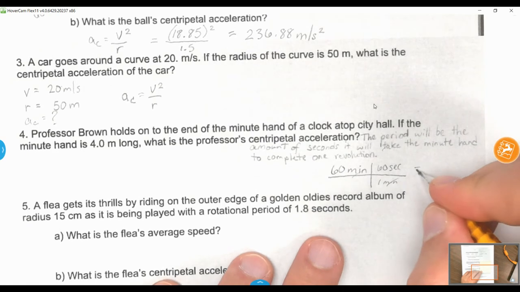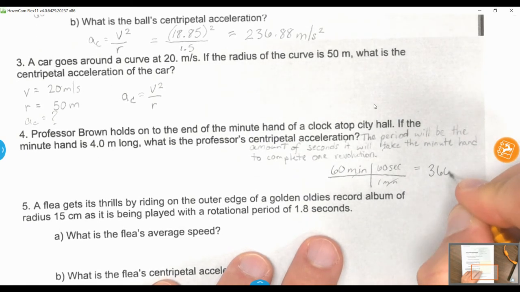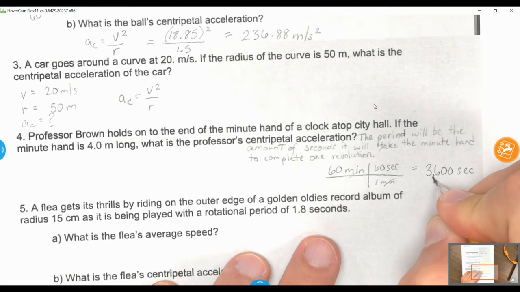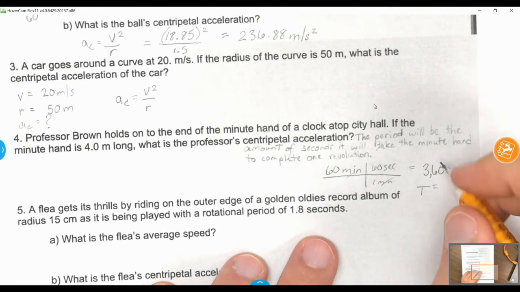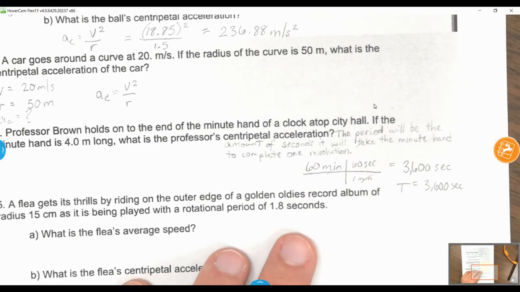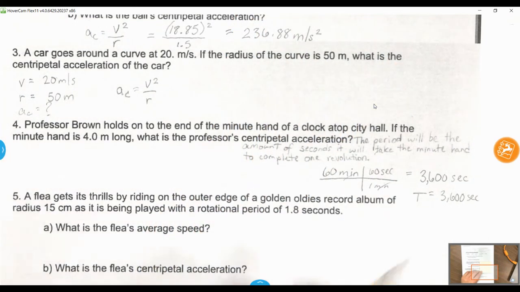Multiply these out. So it's going to take a period of 3,600 seconds for this minute hand of a clock to go all the way around, because it takes 60 minutes to make it go around one time. All right, so 3,600 seconds is the period that we're looking to use.